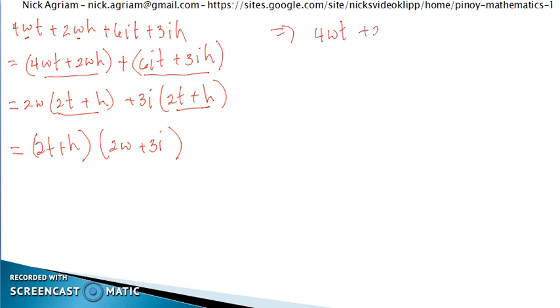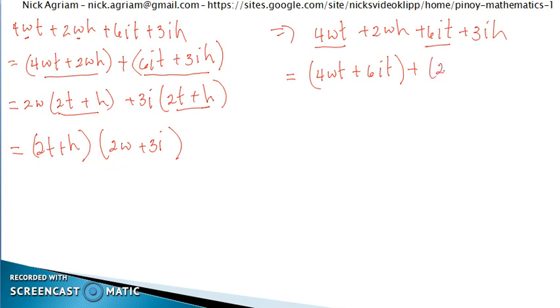I will group them in another way: 4WT plus 2WH plus 6IT plus 3IH. If I group the terms with T, I have 4WT plus 6IT, and the terms with H, I have 2WH plus 3IH.